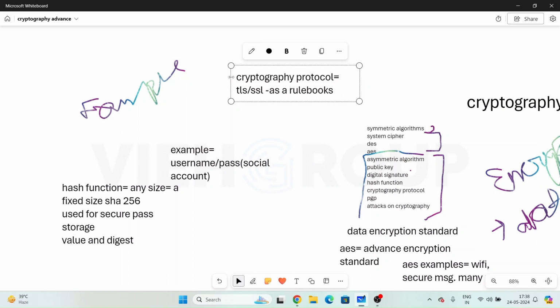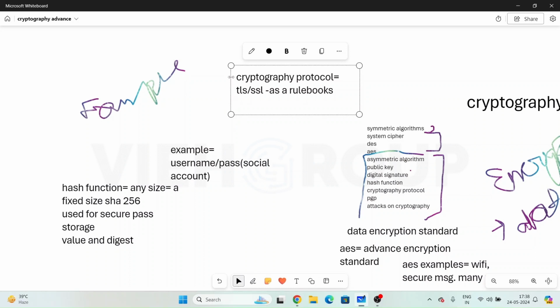Secure your online shopping, banking, and look for that HTTPS and padlock in your browser. That's TLS and SSL in action. Hope you understand. It's easier to understand if I write it.